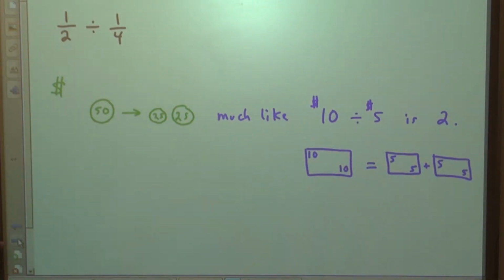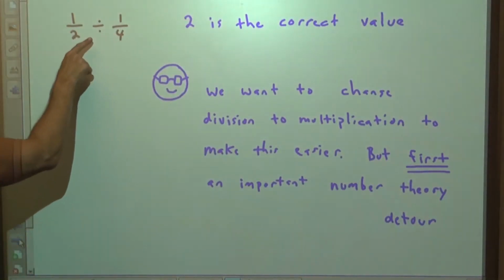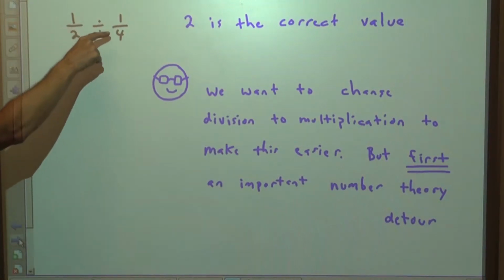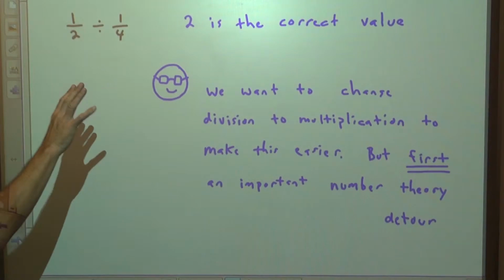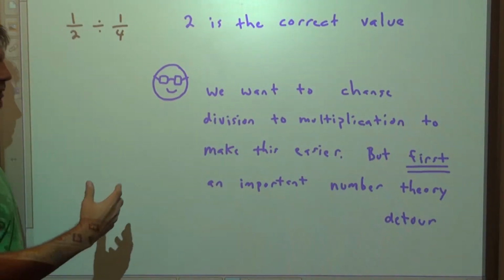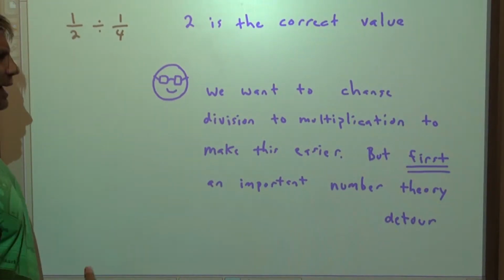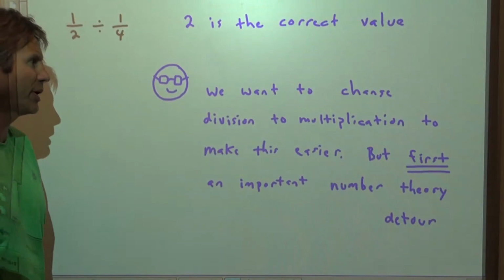Okay, now check this out. We know the answer must be 2. 2 is the correct value to this problem. 1/2 divided by 1/4 is 2, because there's 2 quarters in a $1/2. But we want to go a little further. We want to be more spontaneous, act quicker with our fractions than going through the hassle of thinking of it as money or whatever.